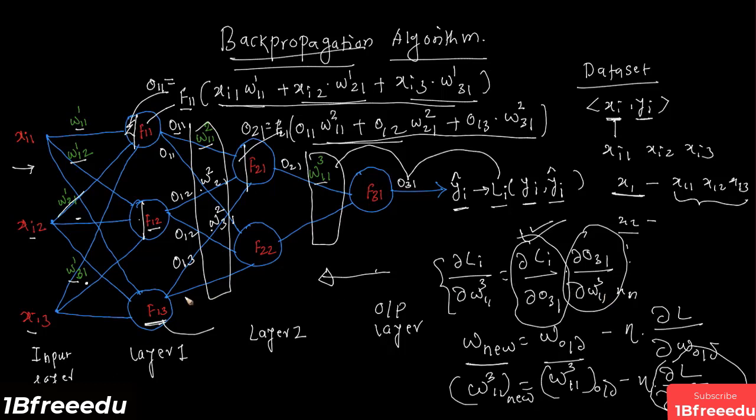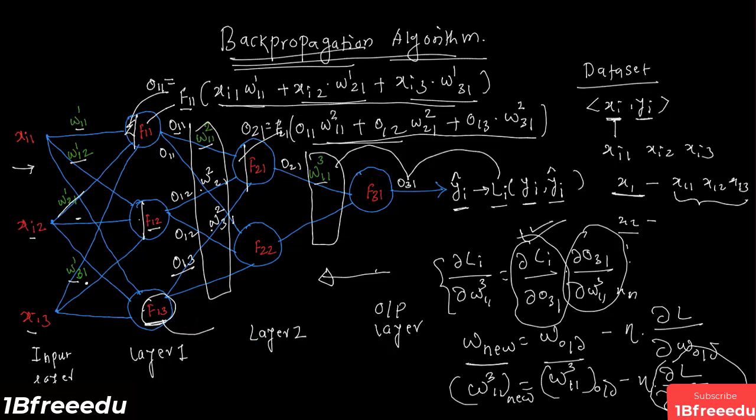Though we are calculating derivatives of output, these outputs are coming from the activation functions only. That means ultimately we are calculating the derivatives of this activation function. If they are not differentiable, this backpropagation algorithm will not work, because we'll not be able to compute the derivatives. That's the important point, right?